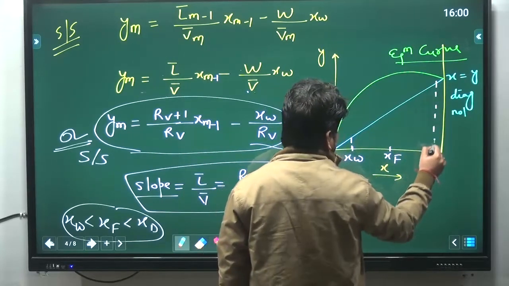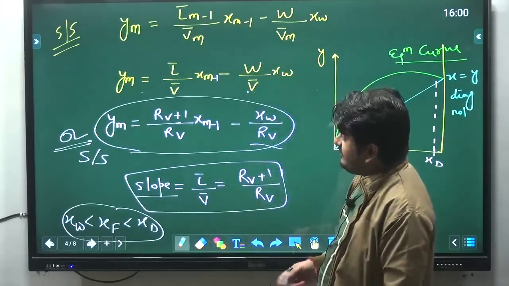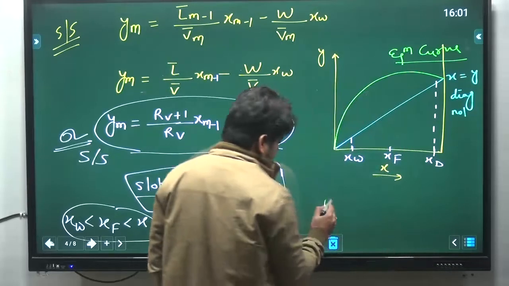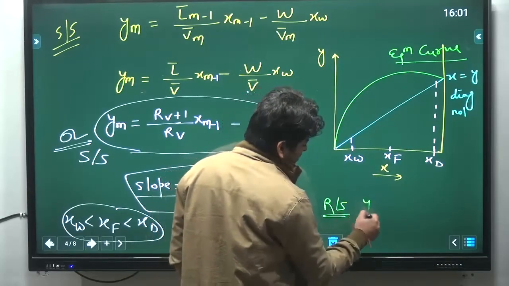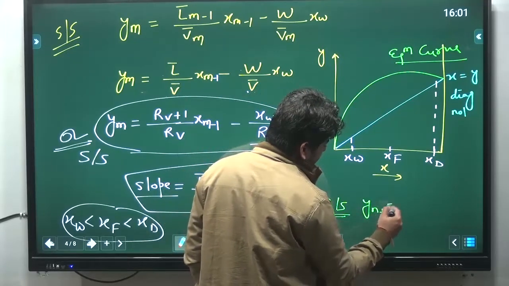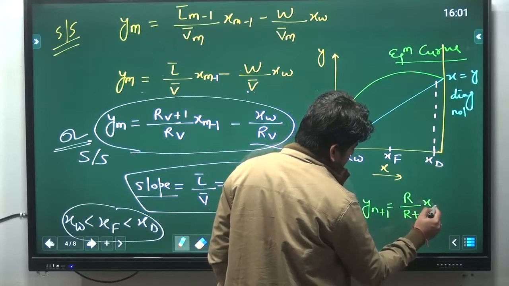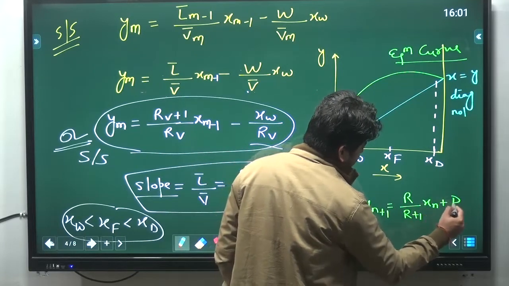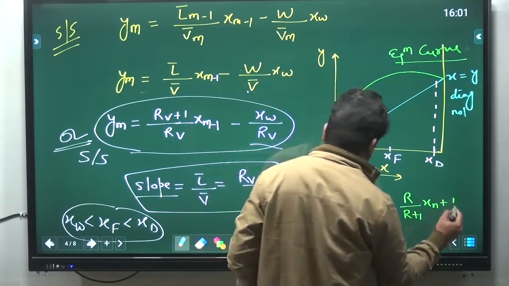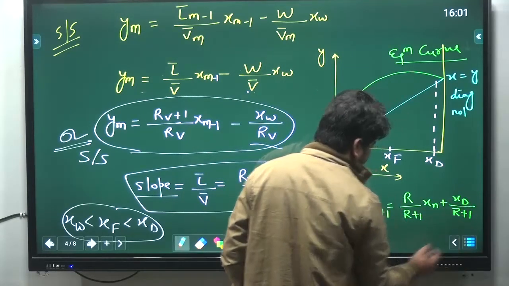For the rectifying section, the equation is y n plus 1 equal to R upon R plus 1 xn plus xD over R plus 1.